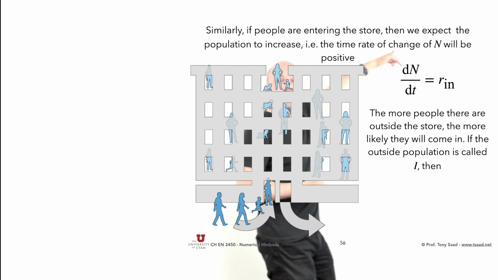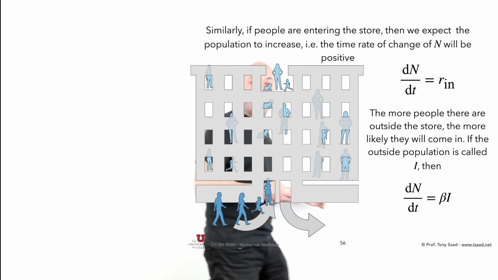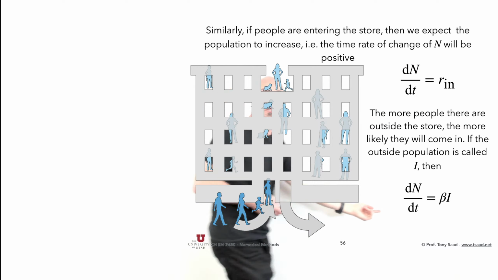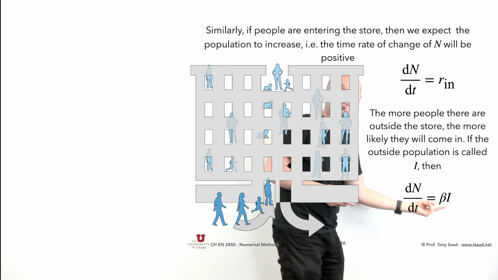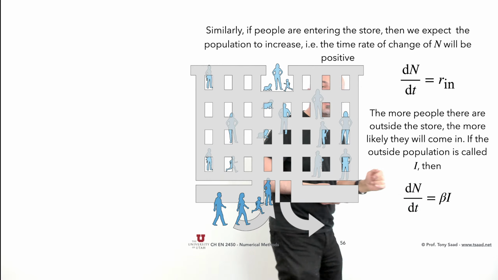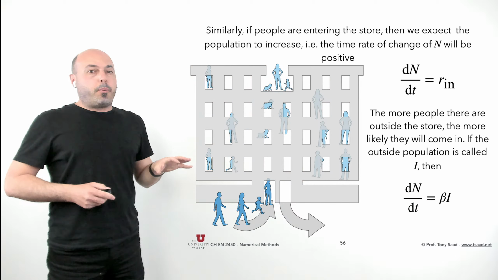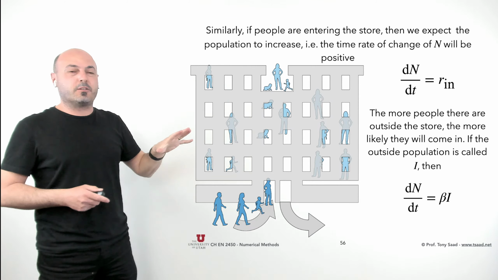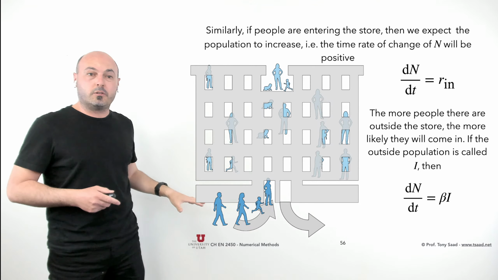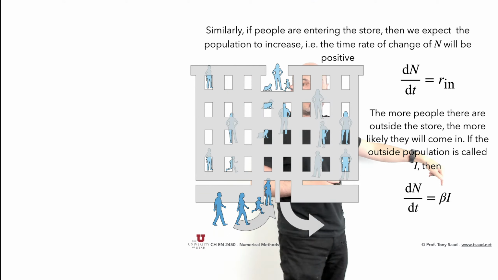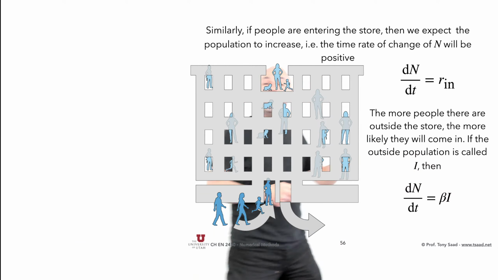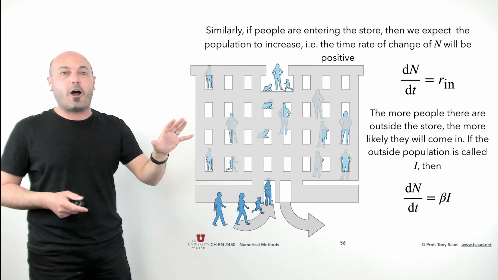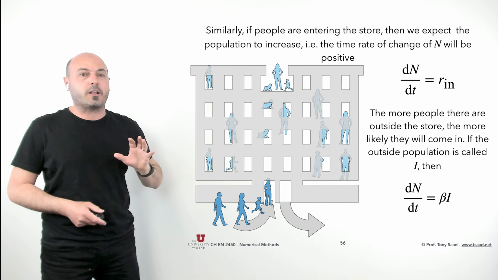So this Rn is proportional to the population outside of the store, beta I. Now that's important. We not only have N, the population inside the store, we have the population outside the store. And we introduced a new variable, for which we're going to need another differential equation. I'll show you how we do that in a couple of slides.